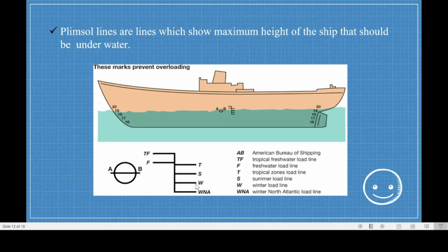W stands for winter load line, and WNA, winter North Atlantic load line. These lines together are called Plimsoll lines, which decide the loading of the ship.